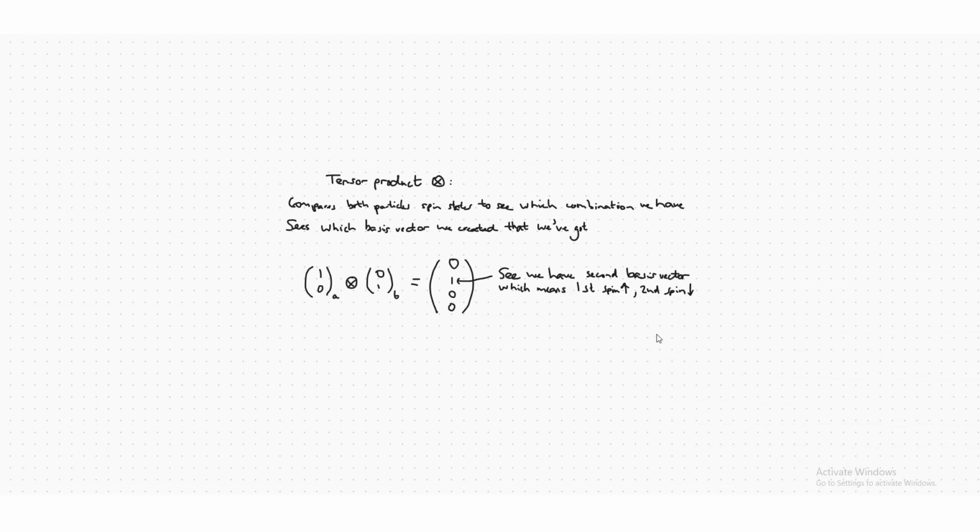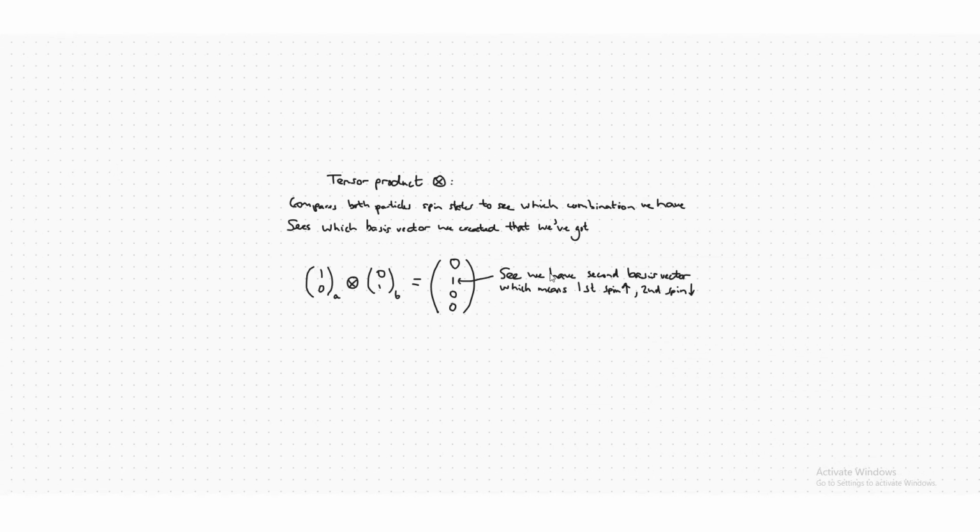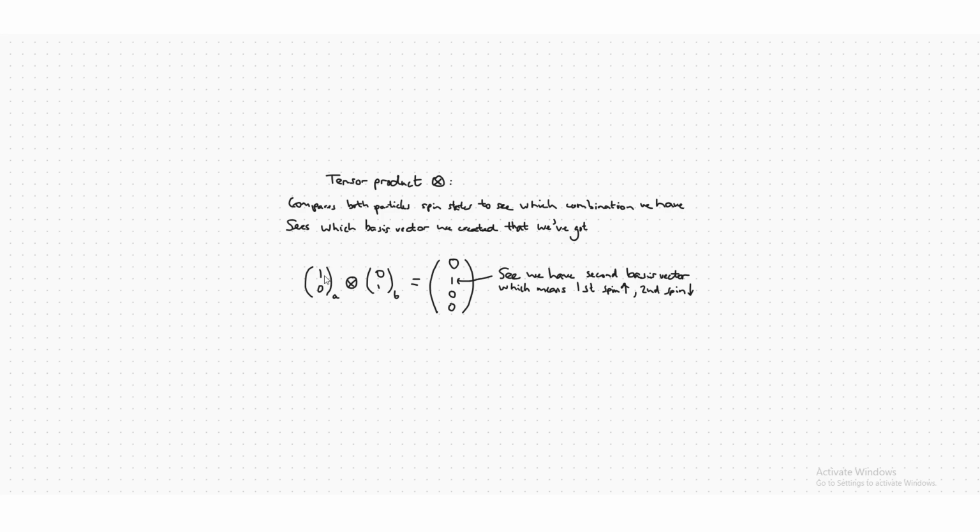So now let's look at the tensor product. The tensor product takes in each particle's spin states and compares them to see which combination we have. And it does that by spitting out which basis vector from before we have. So let's do an example where the first particle, particle A, is spin up, and the second particle, particle B, is spin down, as shown by these two basis vectors.